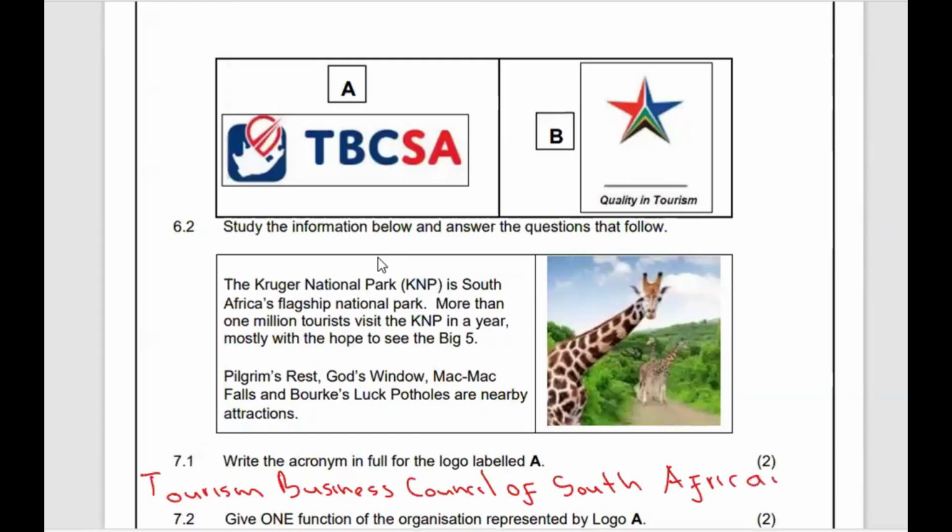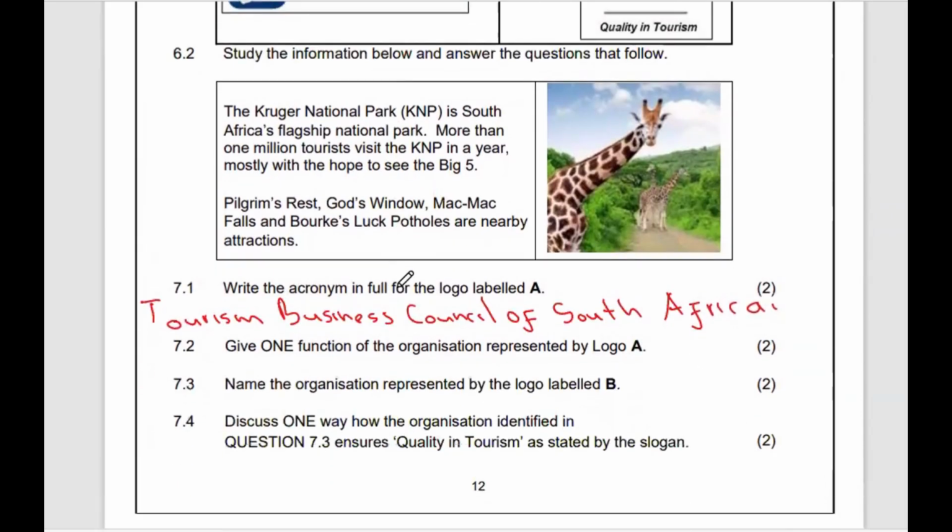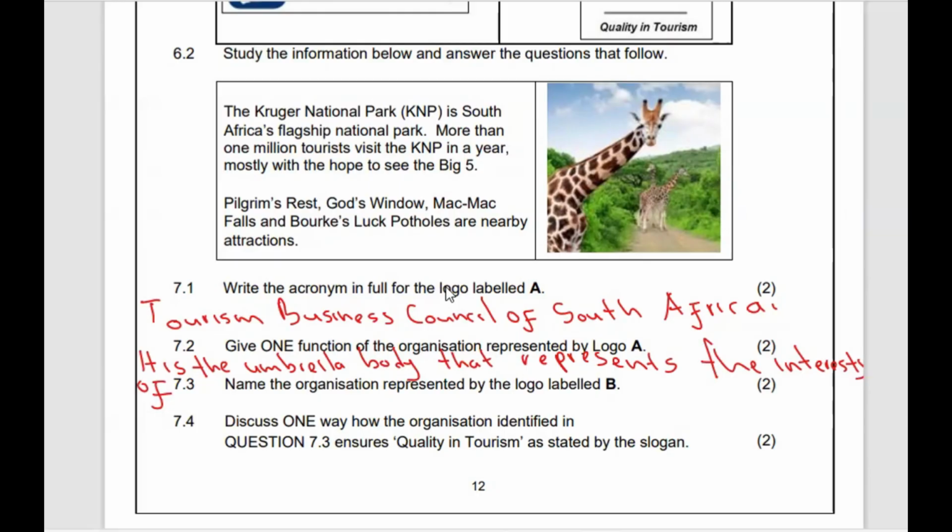Then give one function of the organization represented by the logo A. It is the umbrella body that represents the interests of the tourism business community in South Africa.